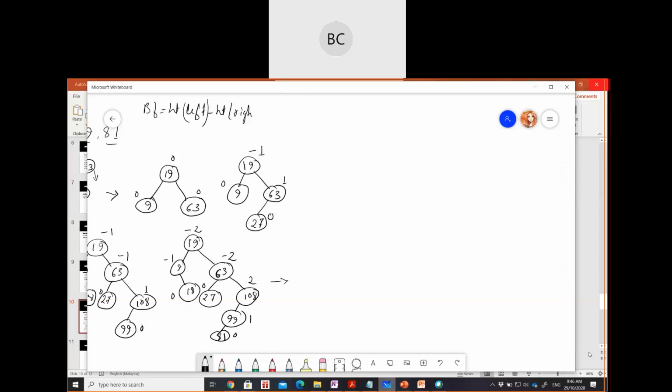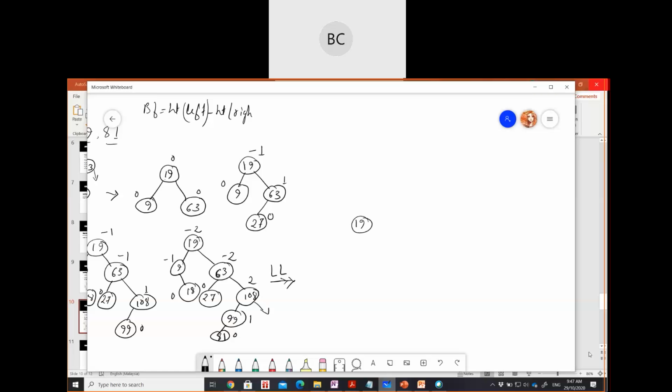The newly added node is at the where? Left of left. Yes. So we will perform LL rotation. Correct. So LL rotation means what? We will simply pull it down here. Okay.